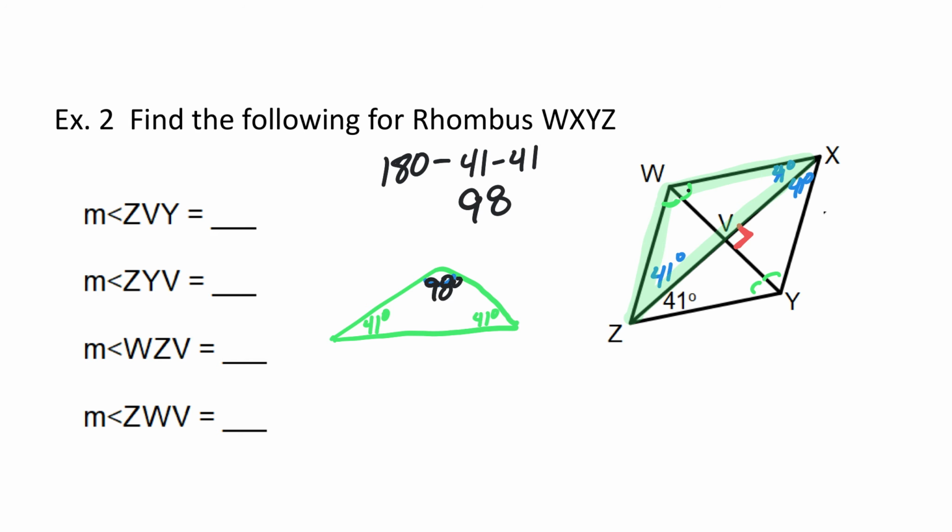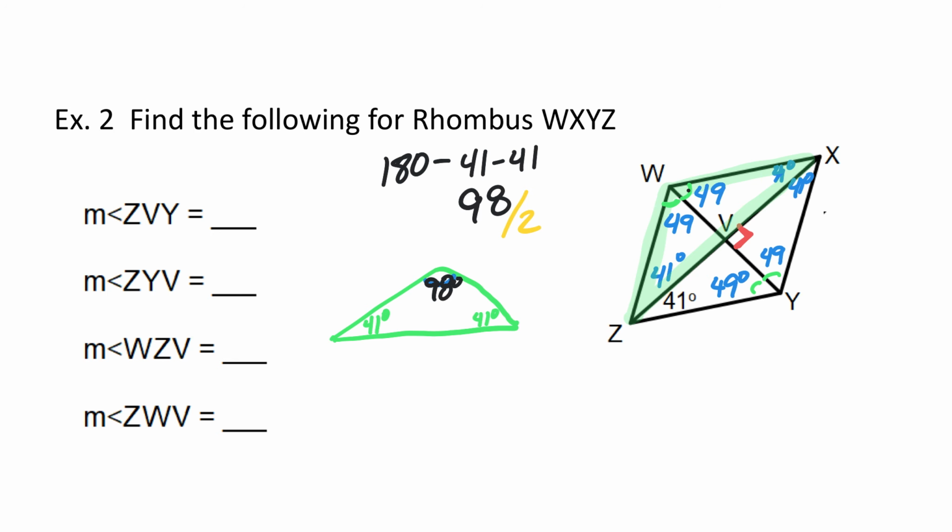The whole stretch is 98. But remember, on a rhombus, those diagonals are cutting the angles in half. So each angle is going to be 98 degrees divided two ways. So that means this angle would be 49. This would be 49. And then, of course, the opposite side, since they are congruent triangles, will be exactly the same.